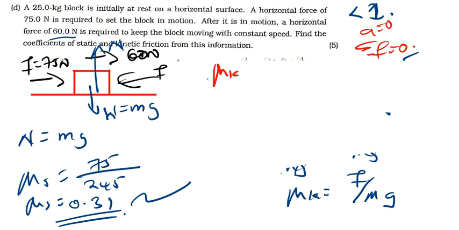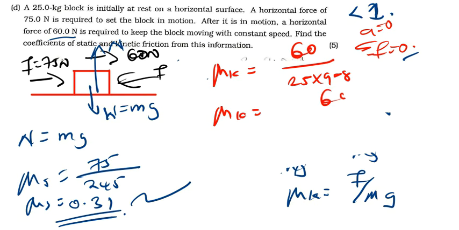So there we go, guys. Mu k is equal to the applied force, which is 60, divided by mg, where m is 25 times 9.8. So the mu k is 60 divided by 245. Now what are we going to have? Let's see.